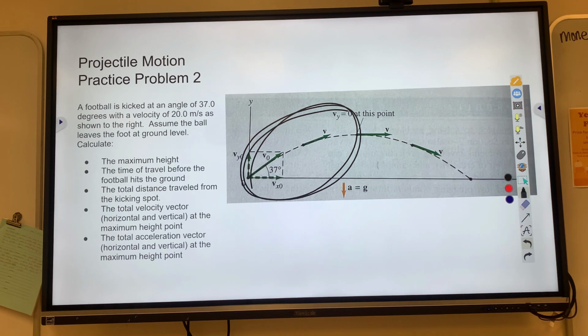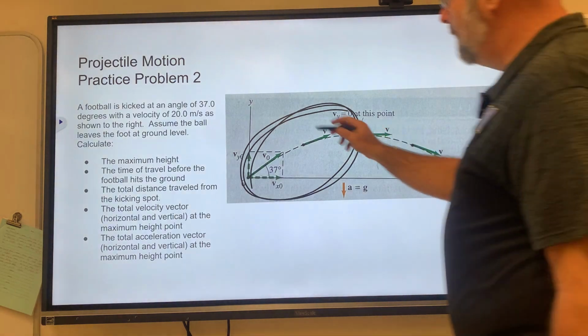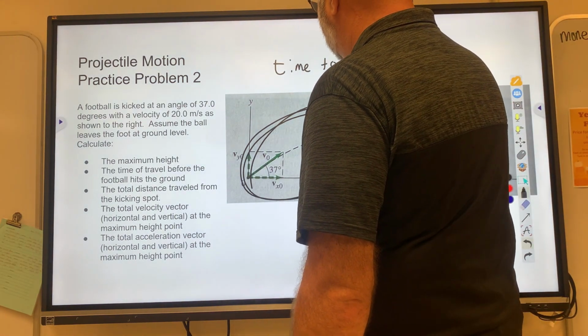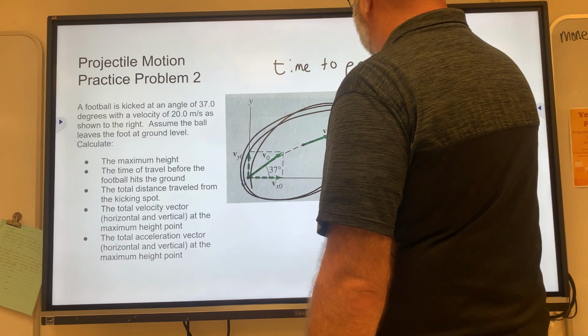However long it took to get to that spot at the top, that's going to be the same as what? The time it takes to complete the other half. So to figure out the total time for this projectile is just the time to peak times 2.